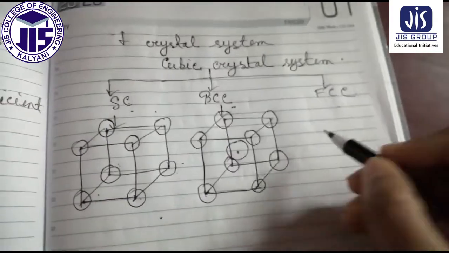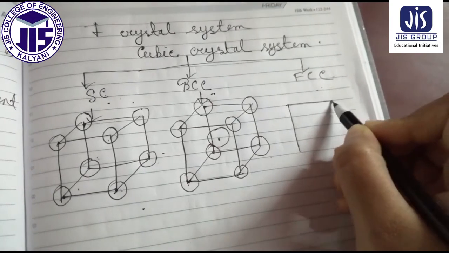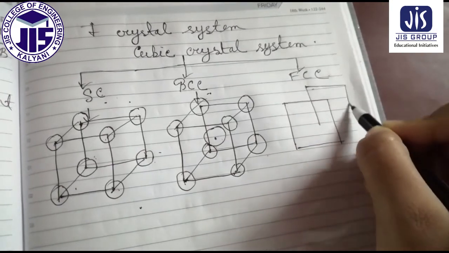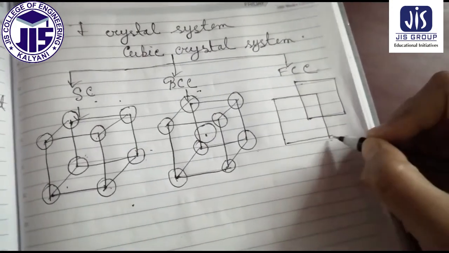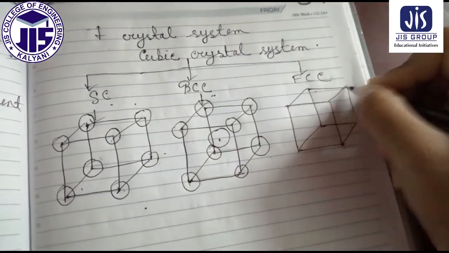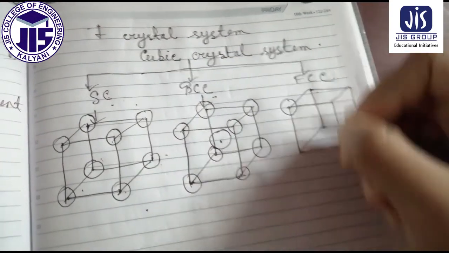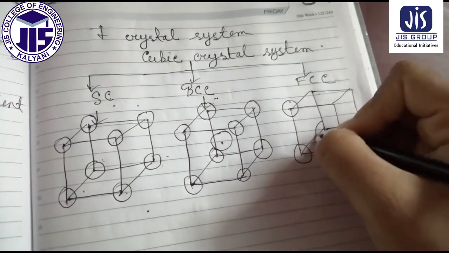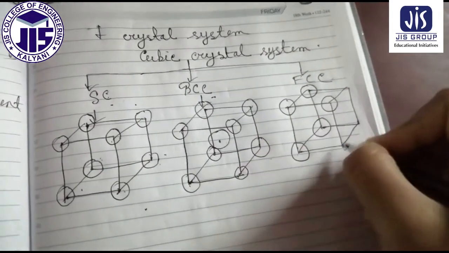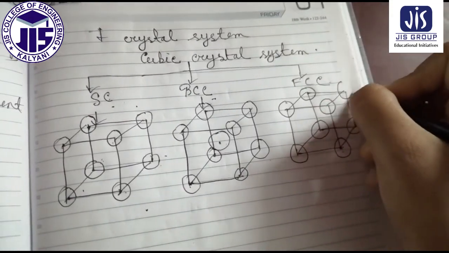Now if we go for FCC, again we have to draw a cube like this. Also at the 8 corners there will be 8 atoms in a similar way, 4, 5, 6, 7 and 8.